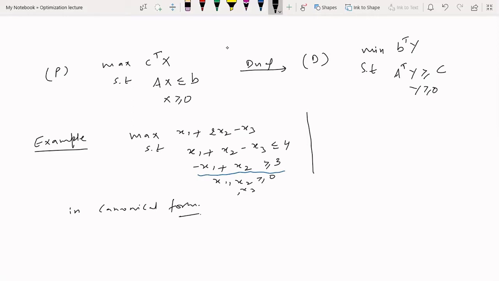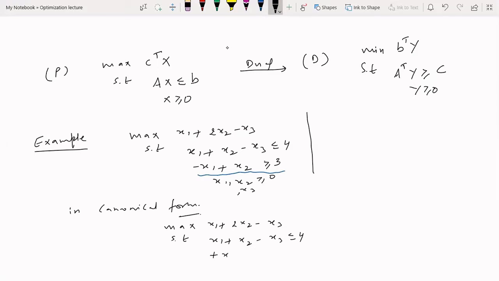In canonical form, my problem becomes: maximize x1 plus 2x2 minus x3 subject to x1 plus x2 minus x3 less than or equal to 4. And to make this constraint canonical, I simply multiply it by the negative sign.